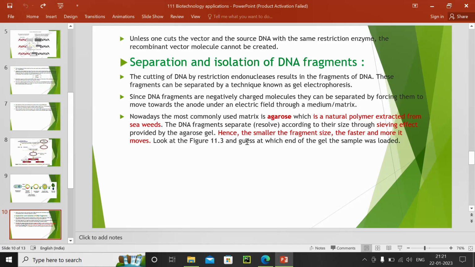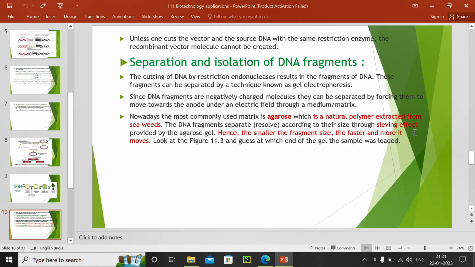The DNA fragments separate, or resolve, according to their size through the sieving effect. So, what is the sieving effect? The DNA fragments separate according to their size. Larger fragments move very slowly inside the matrix, that is the gel, while the negatively charged short DNA fragments move very fast.